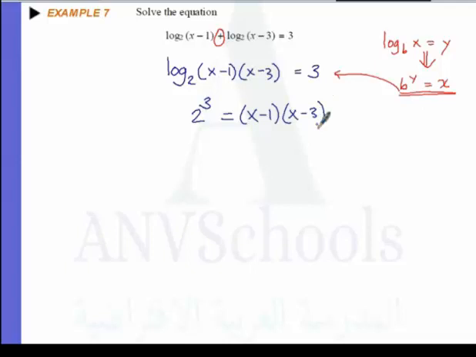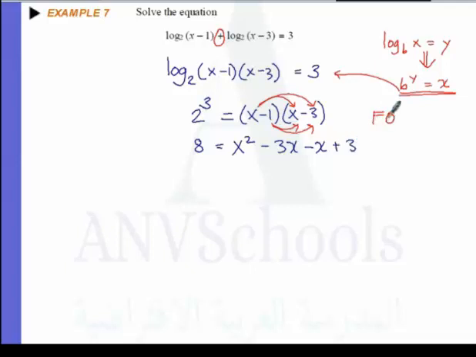So 2 raised to 3 is numerically equal to 8. And for this case here, we need to use the FOIL method in order to expand the entire expression. So this gives us, first, x squared minus 3x minus 1x, or x plus 3, using the FOIL method.